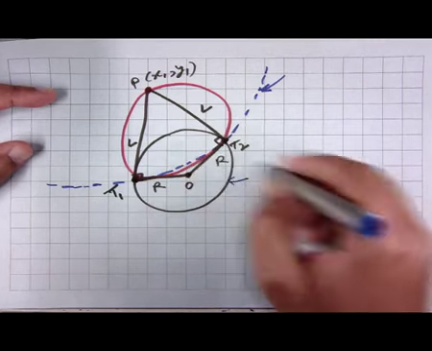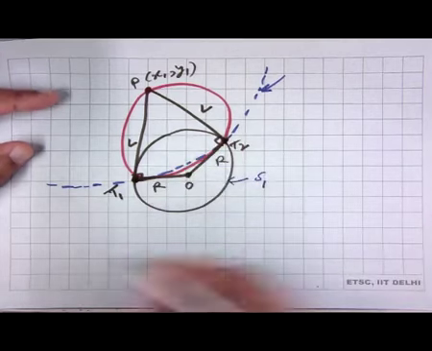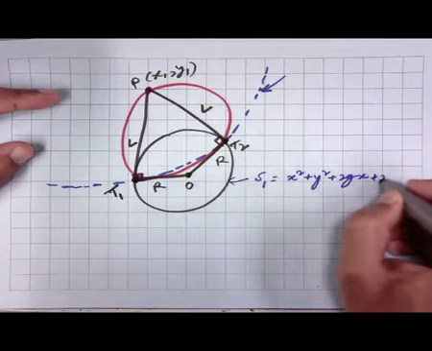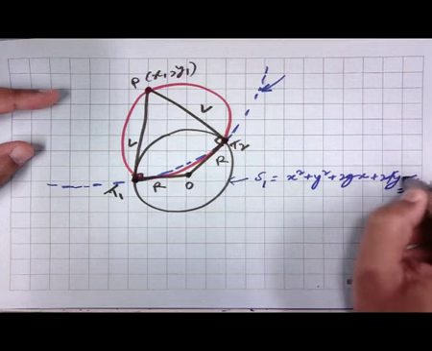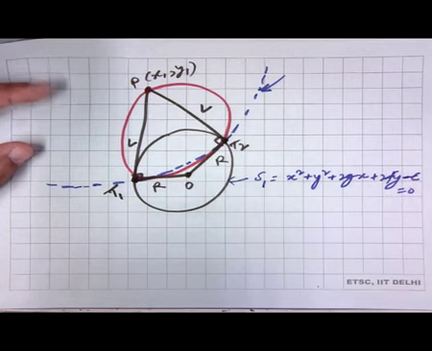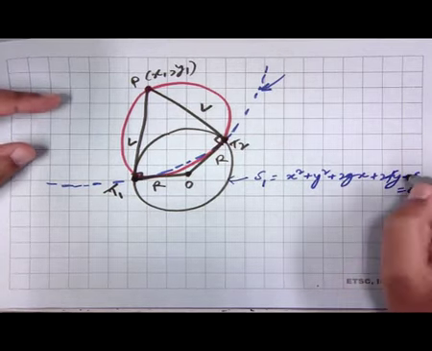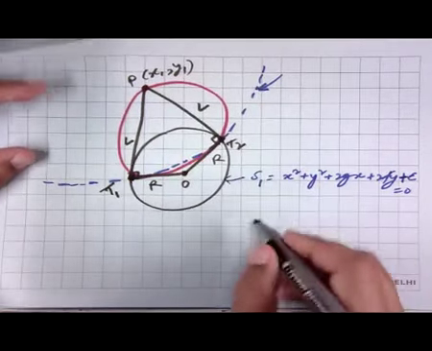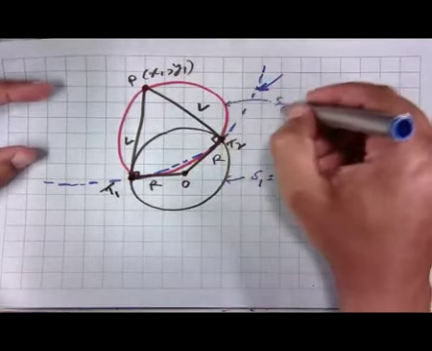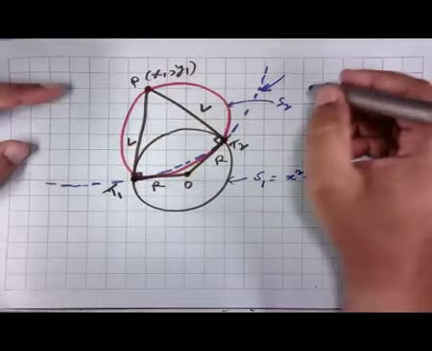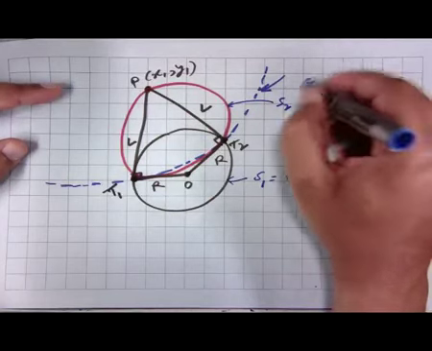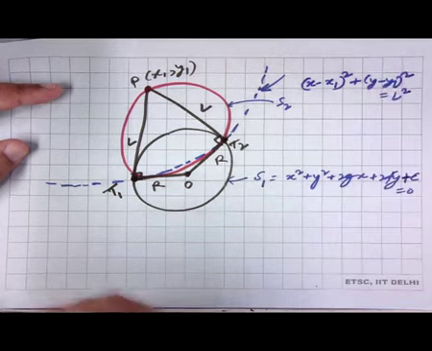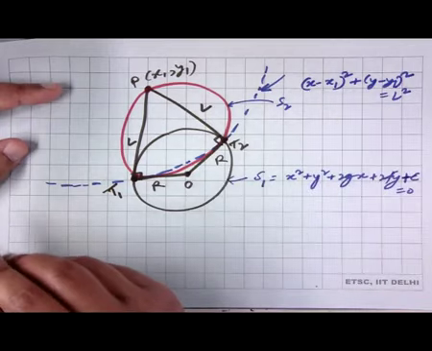So, the equation of this given circle is S1 and that of this blue circle is simply S2, which can be simplified to this.